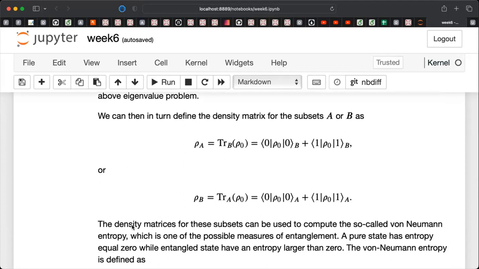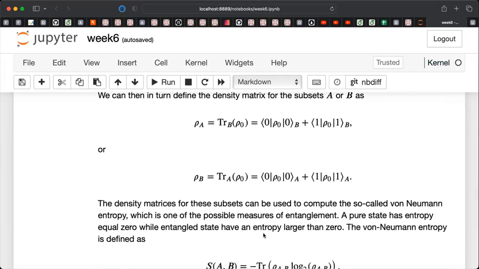And these density matrices for the subsets can then be used to compute the so-called von Neumann entropy, which is one of the possible measures of entanglement. So a pure state has entropy equal to 0, while the entangled states have entropy larger than 0. And this reflects this degree of unexpectedness. So if you're in a pure deterministic state, well known, then clearly your probability is equal to 1, and entropy has to be equal to 0.